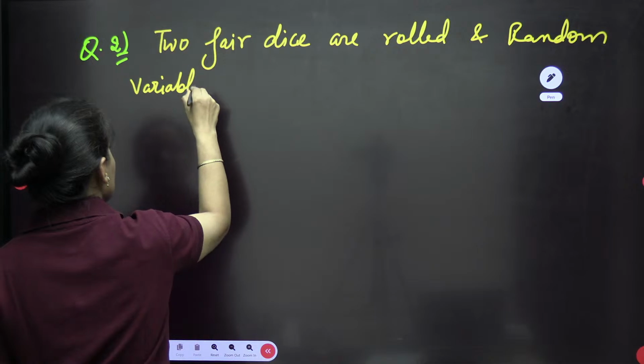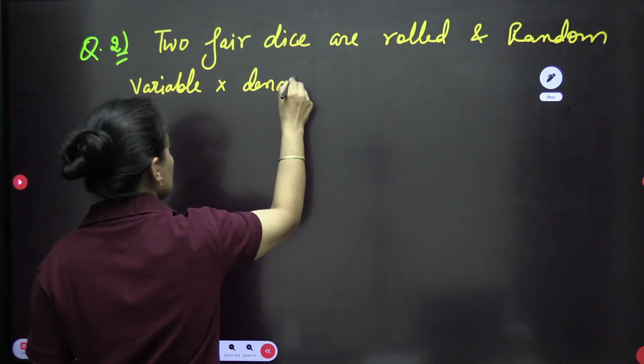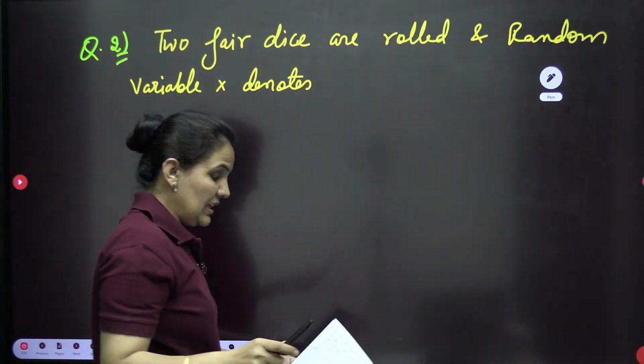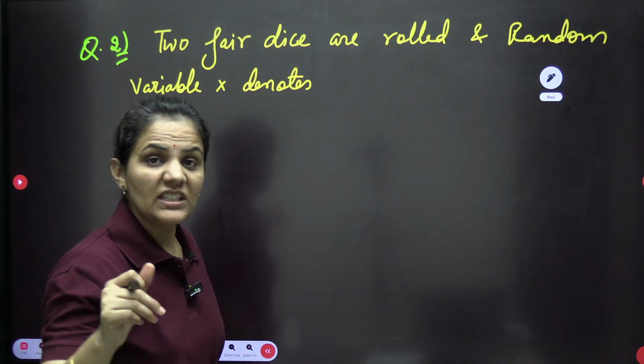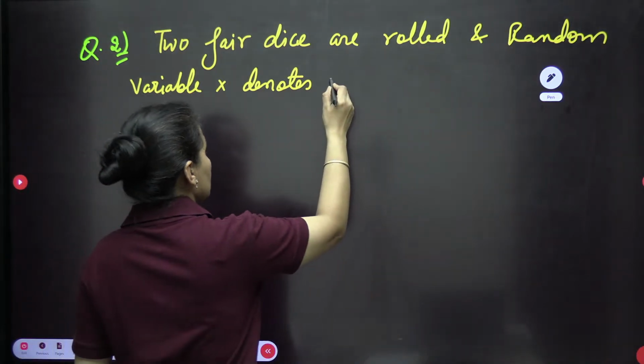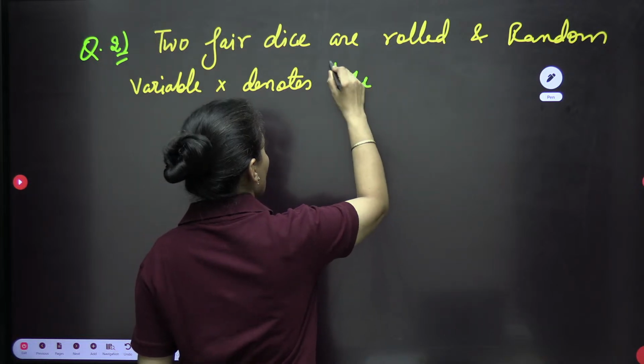Random variable x denotes the sum of outcomes on these two dice.